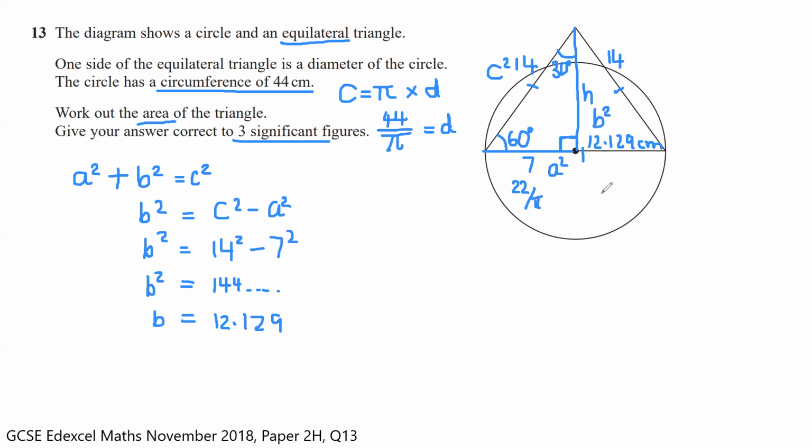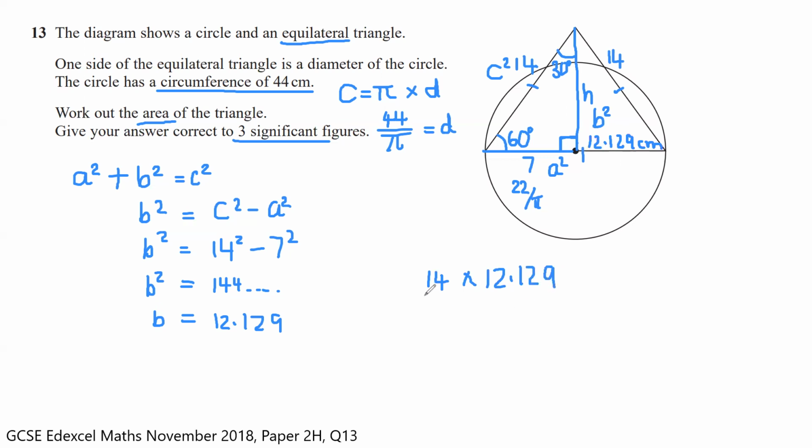So all that's left now is to find the area of the triangle. So if we're doing this, we want to go back to the full base length. So that would be 14. Obviously, again, remember to use the answer button on your calculator, the exact answer, rather than using the rounded version of 14. We're going to times that by the height, which we've got as 12.129.